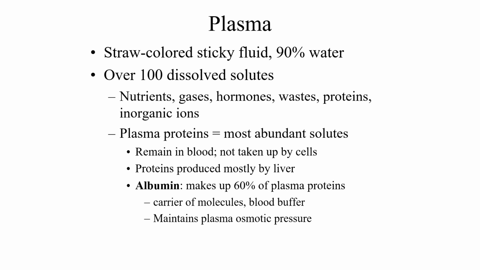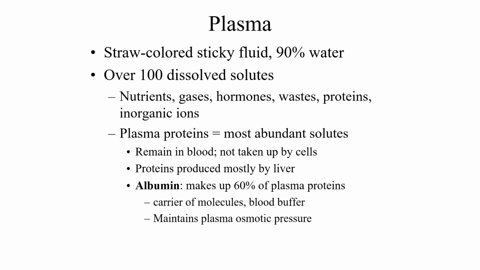Plasma proteins are going to be the most abundant of the solutes present within plasma. And plasma proteins serve a variety of functions, but they are not normally taken up by cells to be used as fuels or metabolic nutrients. Instead, they're going to remain in the blood, and most of the plasma proteins are going to be produced by the liver. Okay.